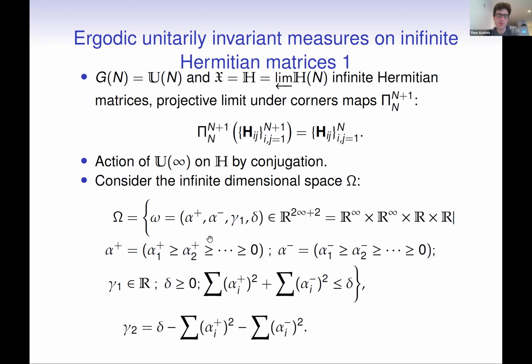So we have two infinite sequences of parameters. These are ordered, and then we have two extra parameters, gamma 1 and gamma 2. And then the ergodic measures on infinite Hermitian matrices invariant under this action by conjugation will be parameterized by this omega. So let me give you the statement.